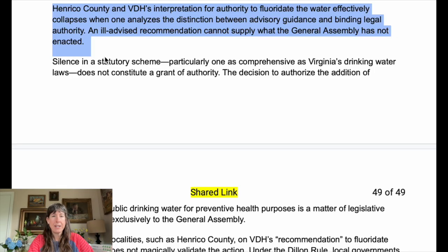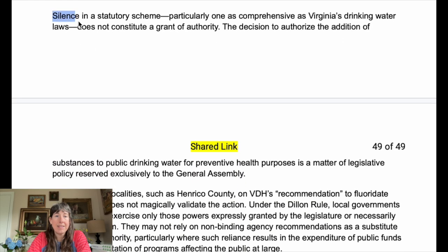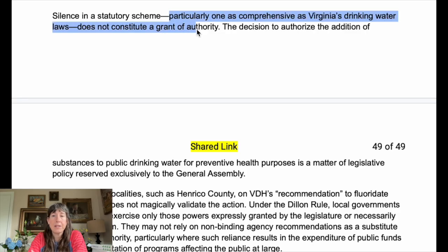Henrico County and VDH's interpretation for authority to fluoridate the water effectively collapses when one analyzes this distinction between advisory guidance and binding legal authority. An ill-advised recommendation cannot supply what the General Assembly has not enacted. Silence in a statutory scheme, particularly one as comprehensive as Virginia's drinking water laws, does not constitute a grant of authority.